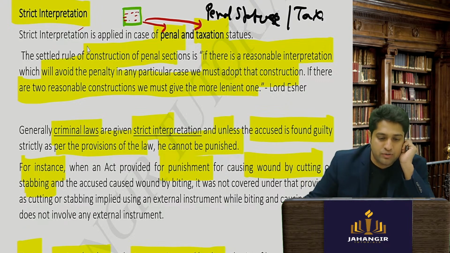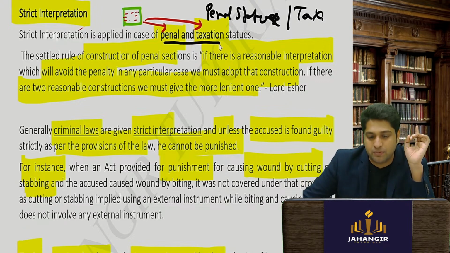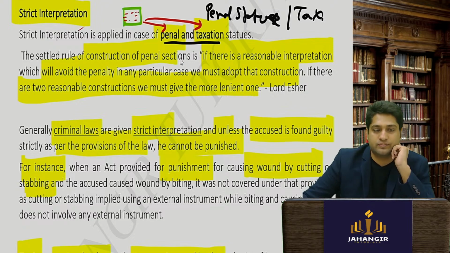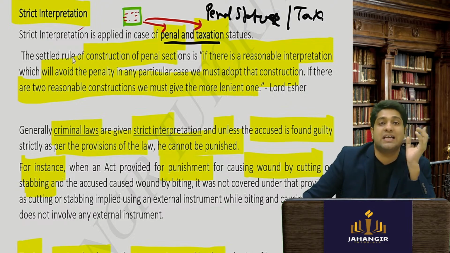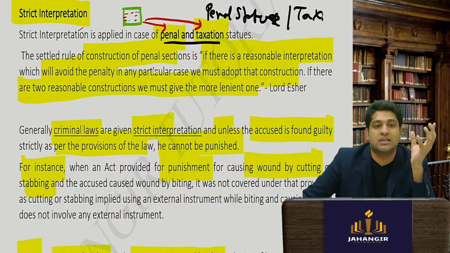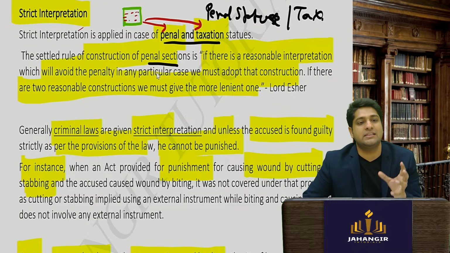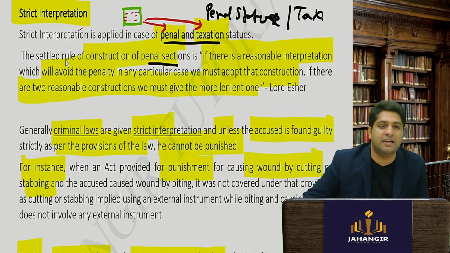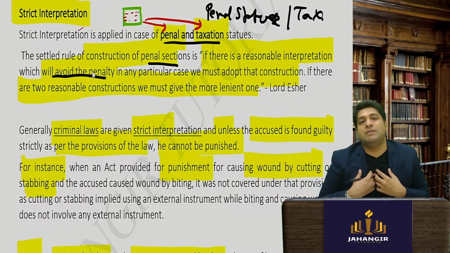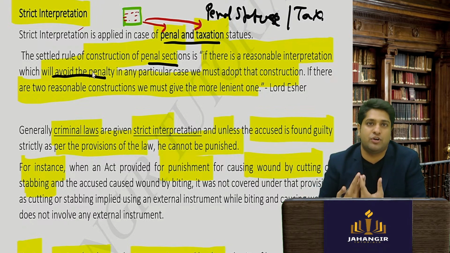So how do you write it? First you will write that it is for penal and taxation statutes. It is a well settled rule that construction of penal statutes is done in a strict manner so that we try to avoid the penalty for the person, because we will try to give him innocence, the benefit of doubt.